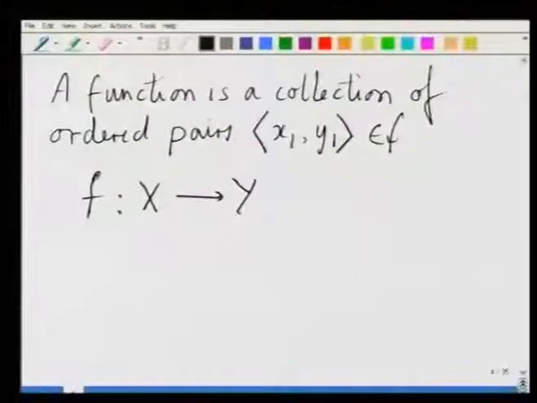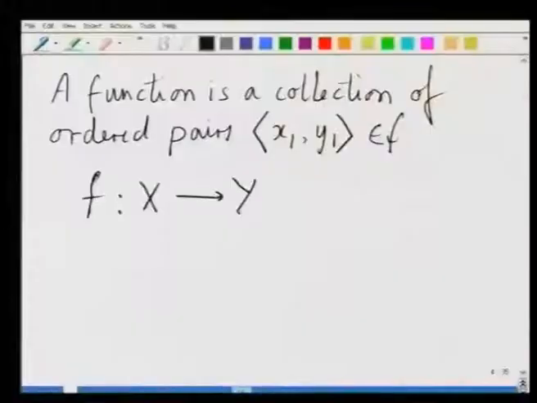F is therefore also a set, but it is not a set of the kind that x is a set or of the kind of y. It is a set of pairs, the first element of each pair coming from x, the second element of each pair coming from y. All right.